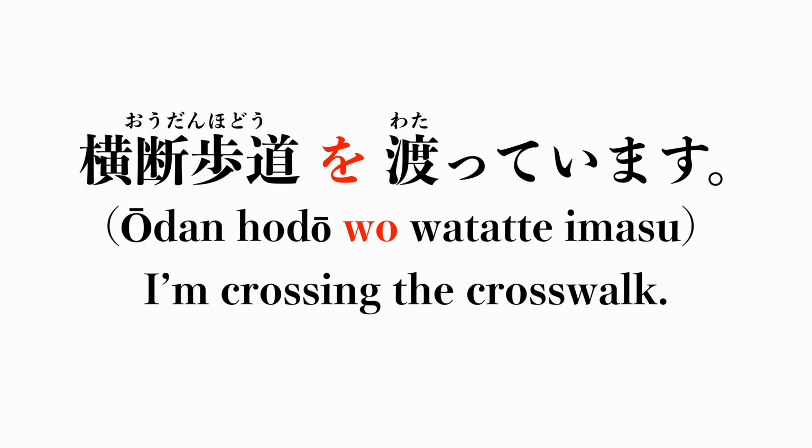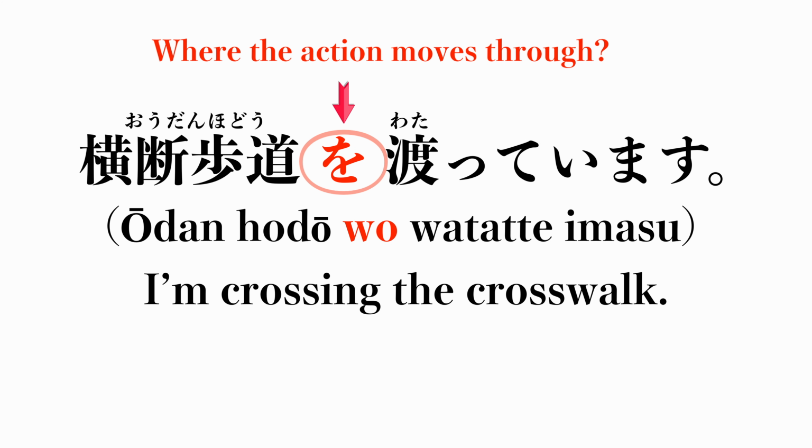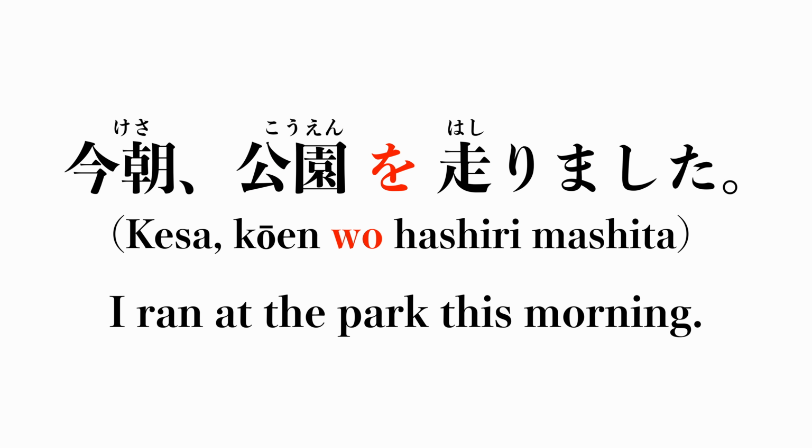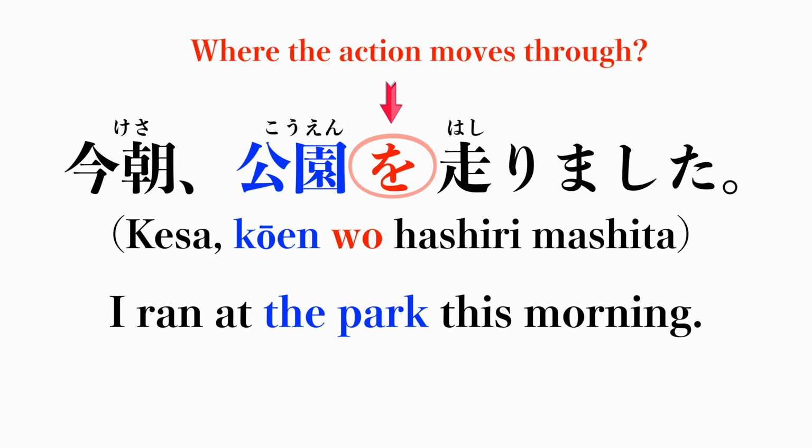In the first sentence, を marks the 横断歩道, crosswalk, through which the action of crossing occurs. Similarly, in the second sentence, を indicates the 公園, park, through which the action of running occurs.